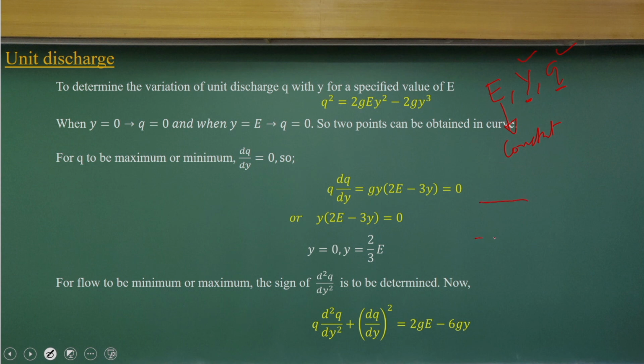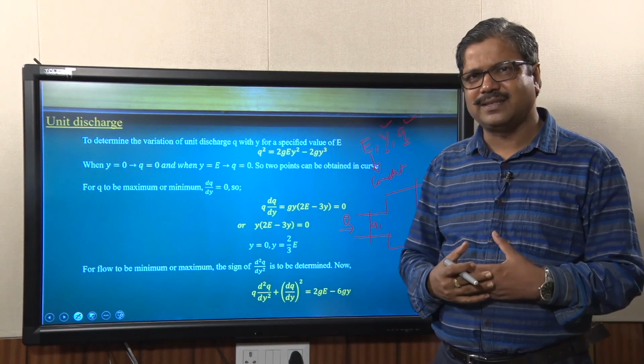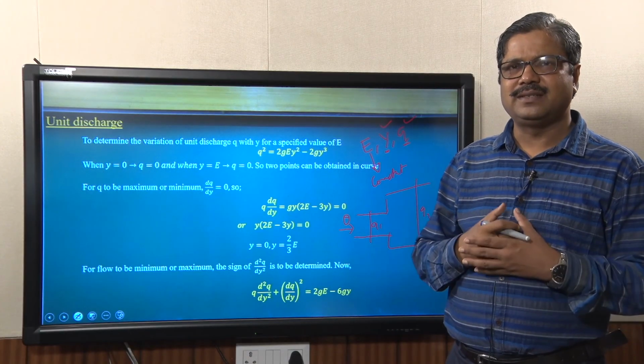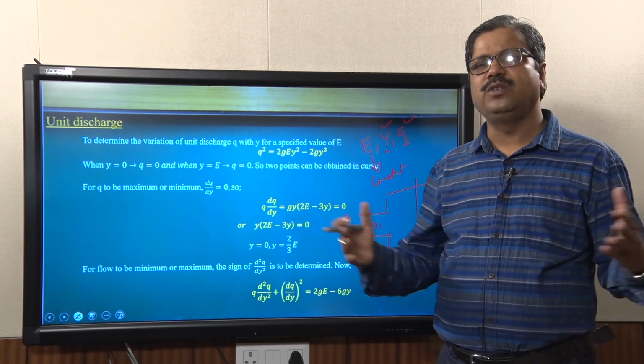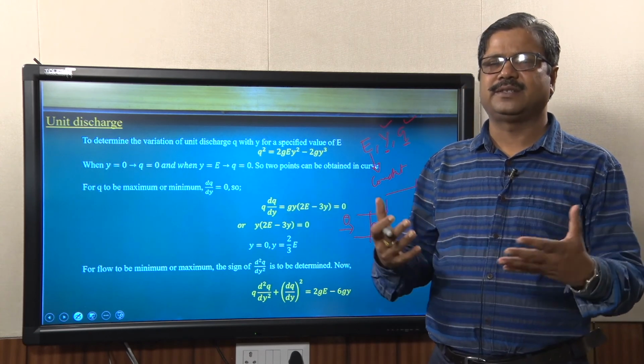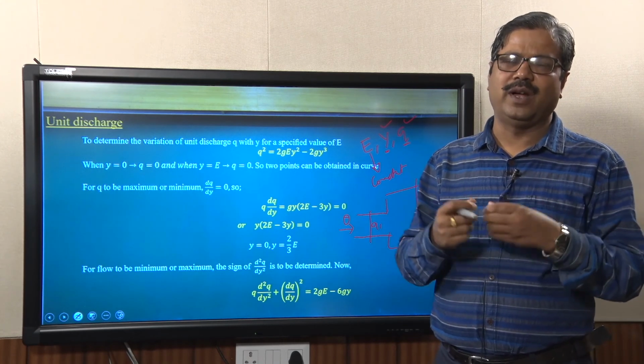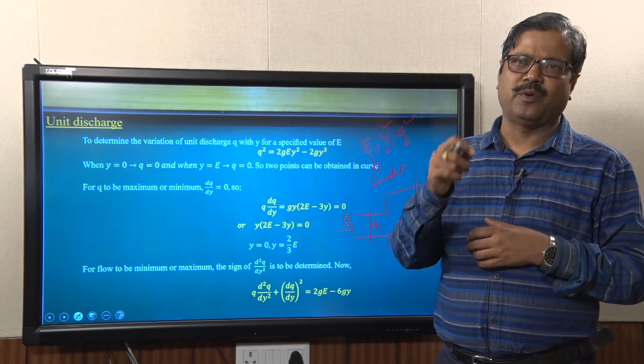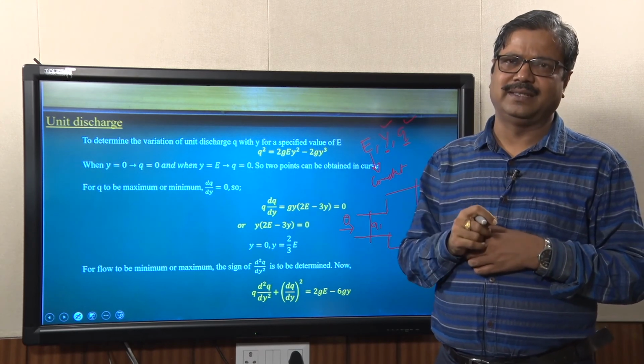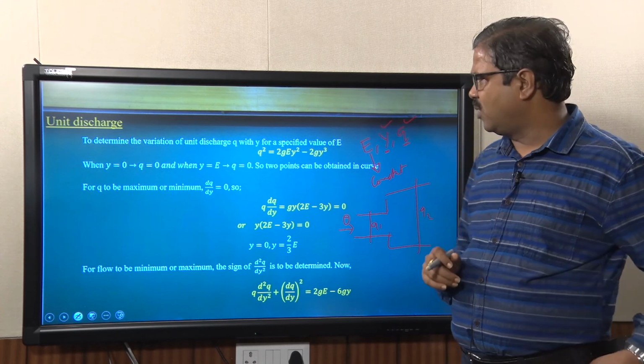That means, if the same amount of capital Q is coming and the channel is expanding, the Q value at this point will change. If we assume there is no energy loss, and Q is varying, what will be the relationship with Y? Can we get a maximum discharge, the maximum Q value, for a particular specific energy? That is the concept we are looking at.